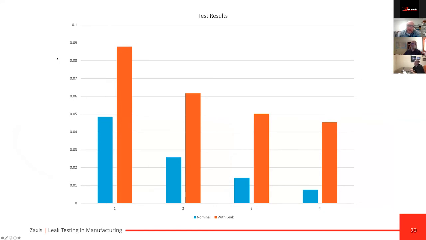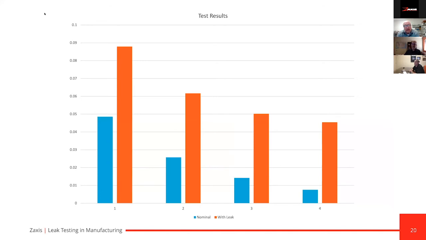part that we had here. It's about a 125 milliliter part, and I tested it at 10 psi pressure, and all I did was choose some times. In this case, you can see on the bottom, I chose a fill time of 1 second, and then 2 seconds, then 3 seconds, then 4 seconds.